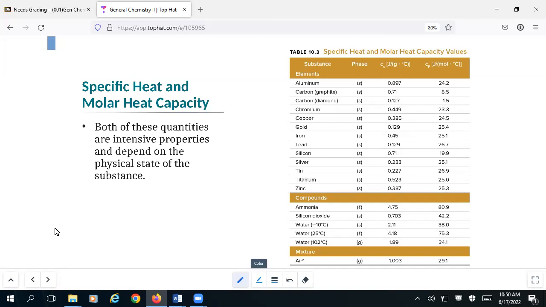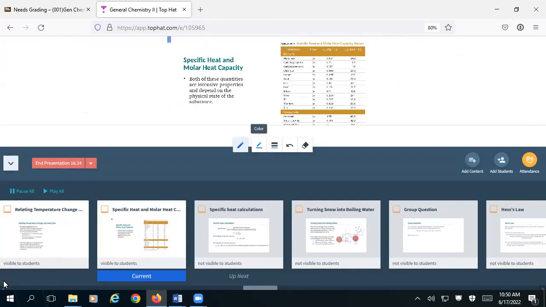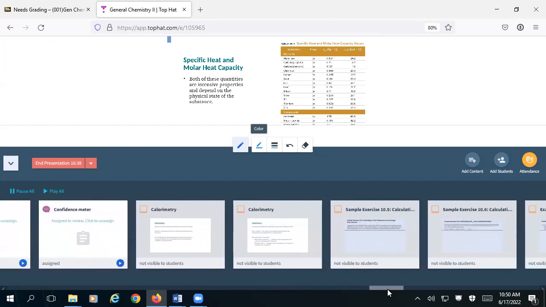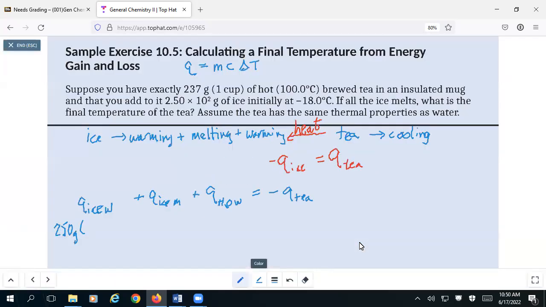So that would be 2.11 joules per gram degree Celsius. And the change in temperature, it's going from -18 up to the freezing point. So that's 0 minus -18 degrees Celsius.